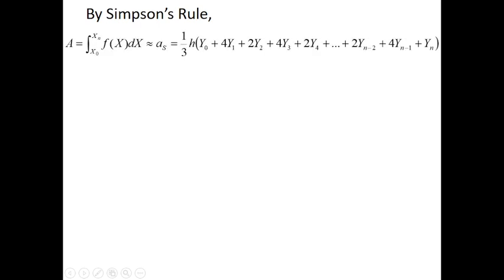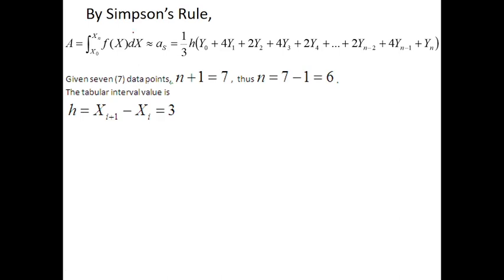So this is the formula: f sub 0, f sub 1, f sub 2, and so forth. Given 7 data points, n plus 1 equals 7, so n equals 6.